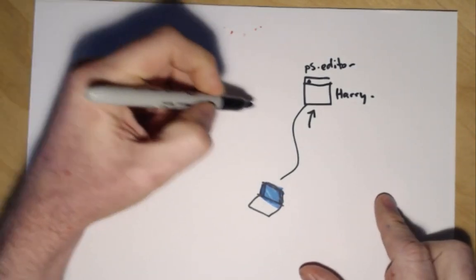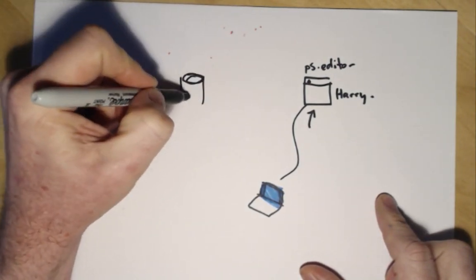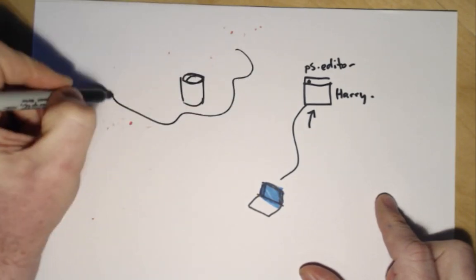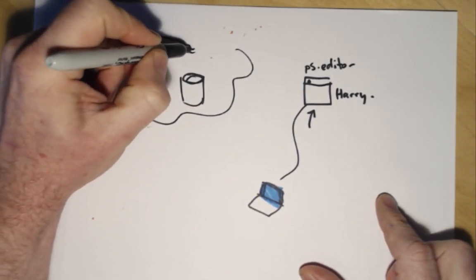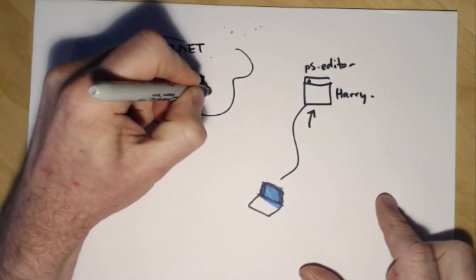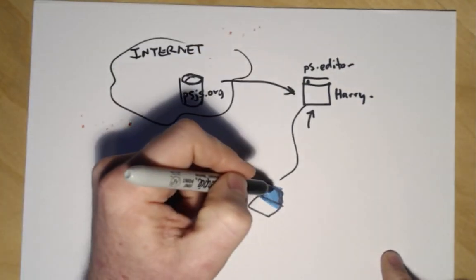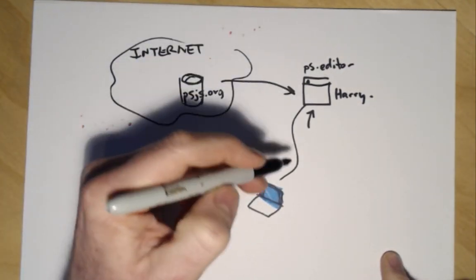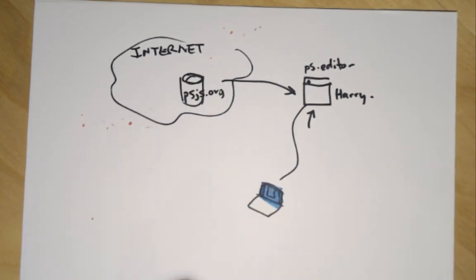But that web page has come from a server somewhere on the internet, right? Called p5js.org. That has sent the information for that web page to your computer, and on your screen, that's where we're running our JavaScript.